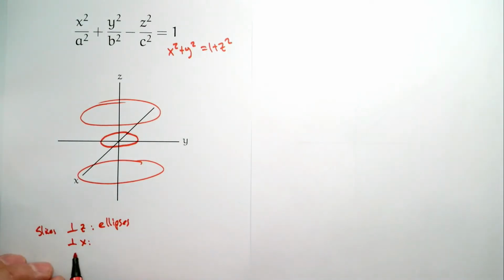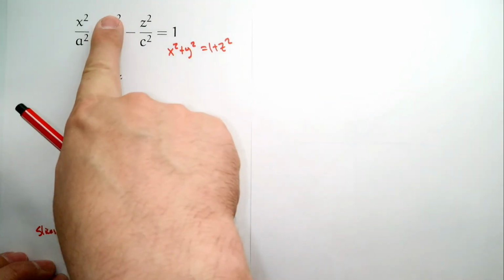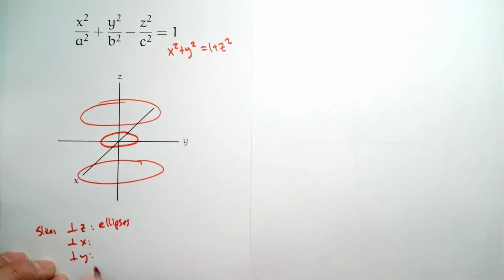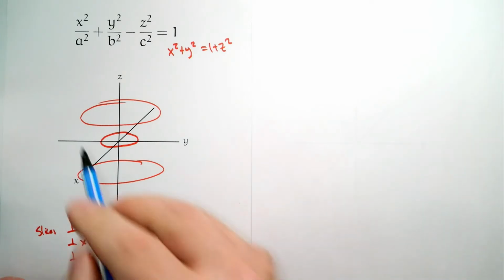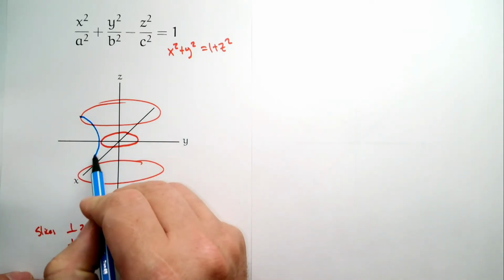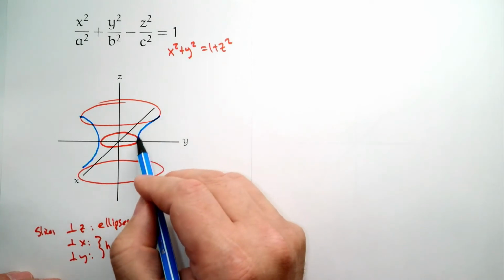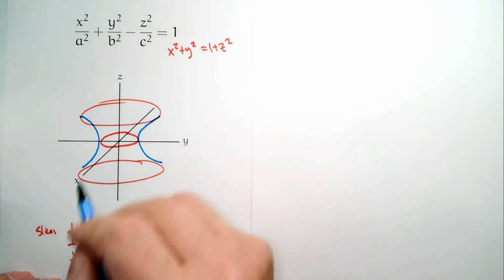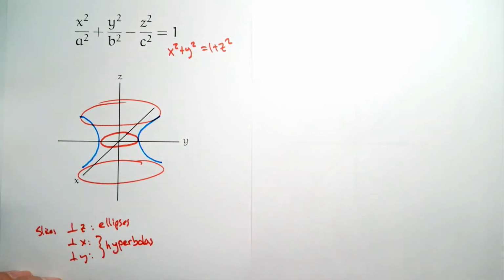So if I'm perpendicular to x, or if I'm perpendicular to y, what do we see? Hyperboloids. Excuse me, Freudian slip. Hyperbolas. We see hyperbolas. All right. So in these directions here, we see these types of hyperbola shapes coming out. Okay. So what is this looking like?